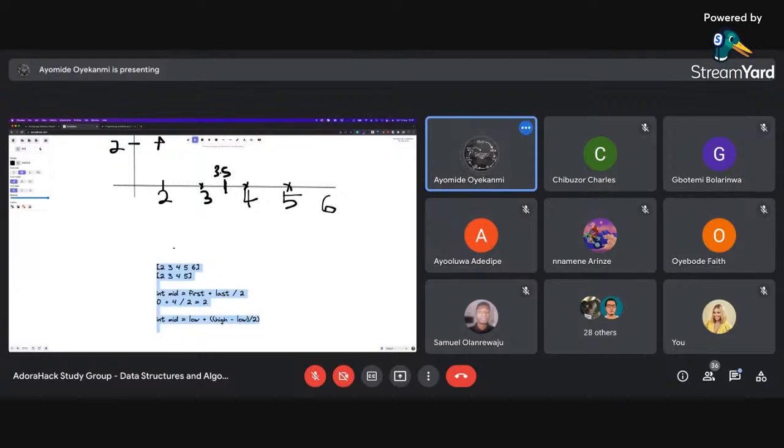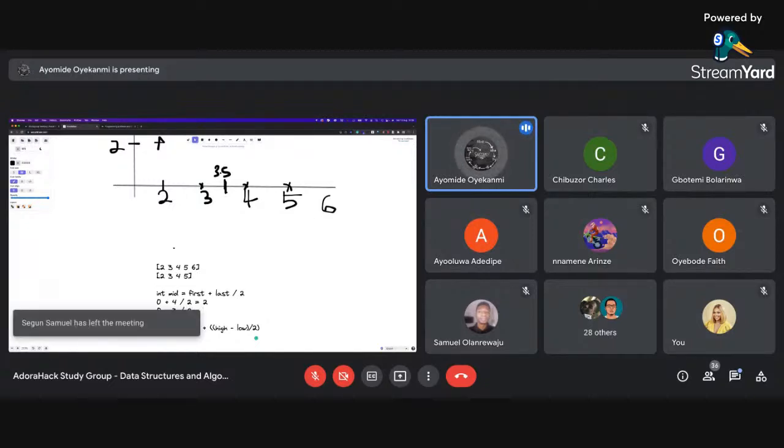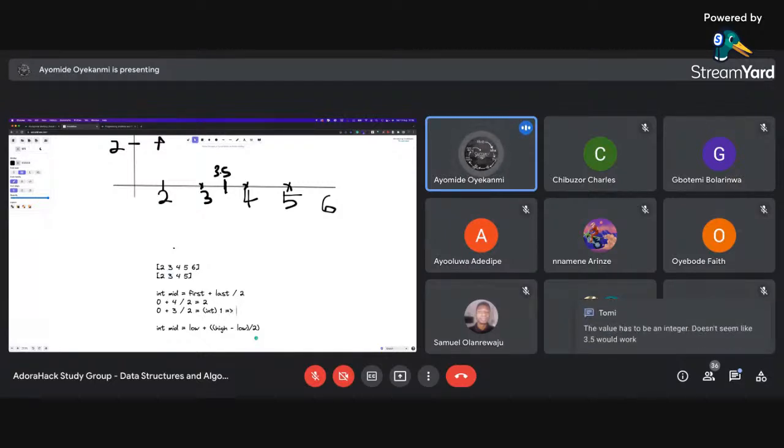But what this would mean is, we'll do 0 plus 3, divided by 2, which is 1 in integer, if we cast it to int. And 1 is 3, so we're picking 3.